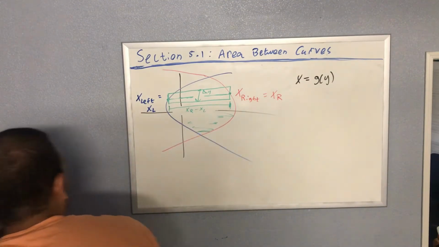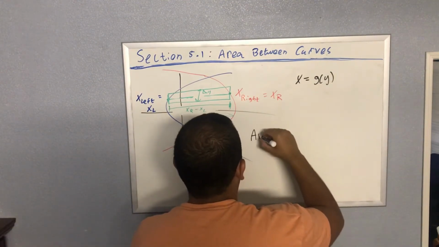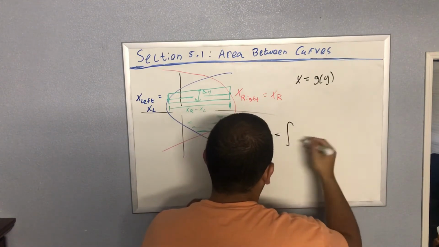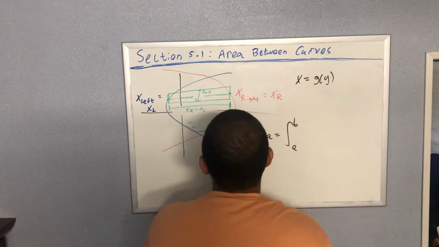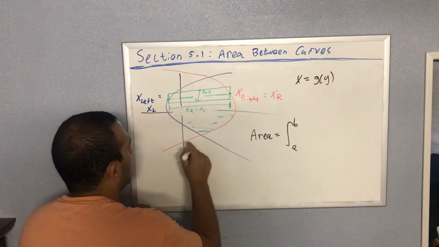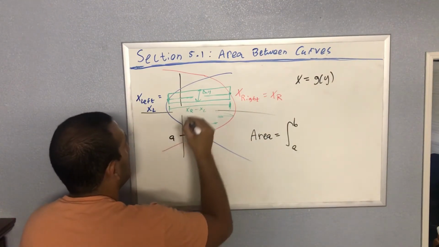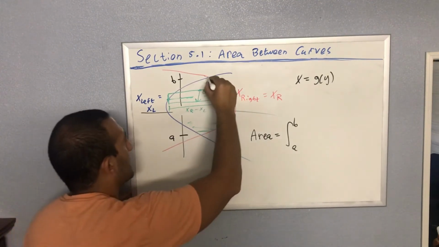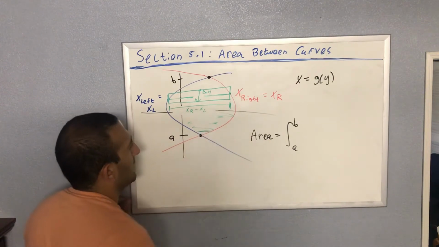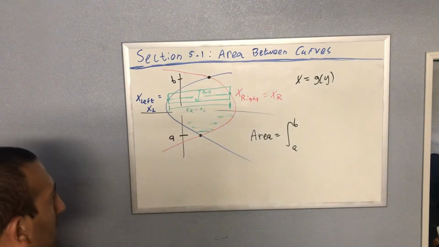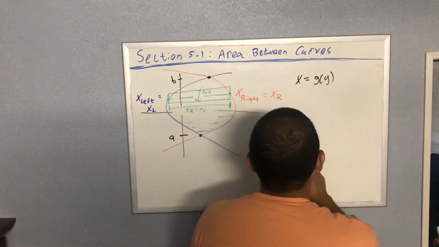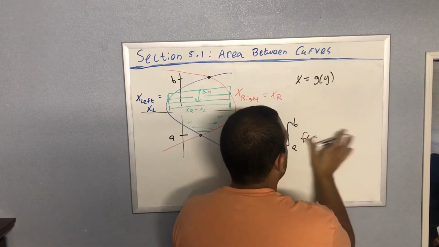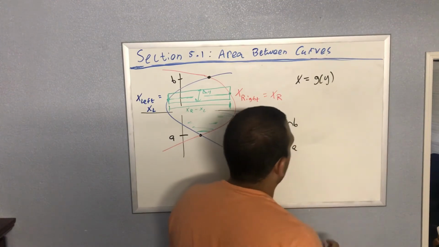The area now is the integral. You can say a to b again, except now a to b are things on the y-axis. So this would be a, and this would be b. So points on the y-axis, not on the x-axis anymore. And instead of a function of x, they're not functions of x anymore.